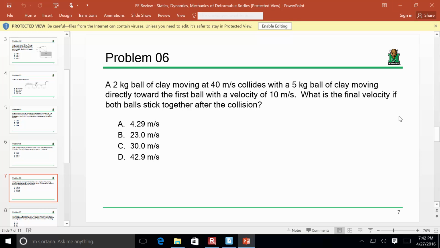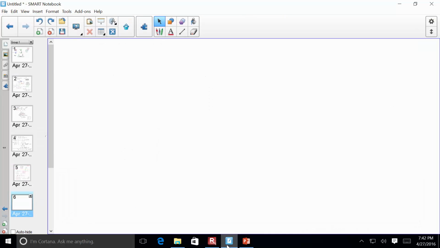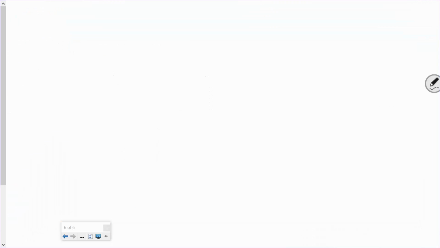Law of conservation of momentum. Okay? So, all right. Let's see if we remember this.